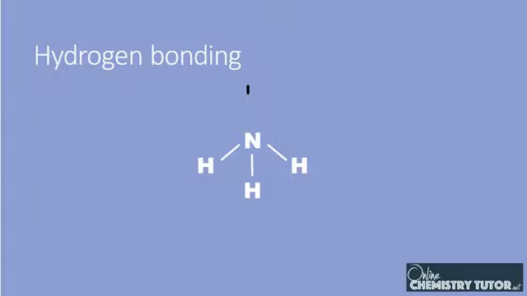So if we have a second molecule of ammonia, which I'll just throw in now, then a lone pair on the nitrogen atom forms your hydrogen bond just there, between that lone pair and the hydrogen atom, which itself is covalently bonded to nitrogen.